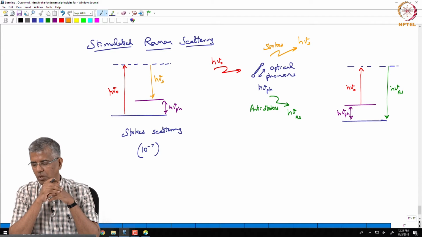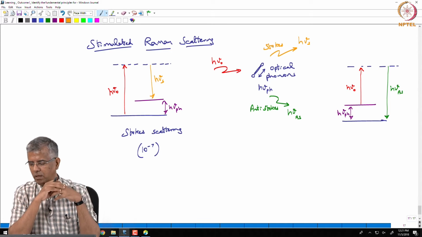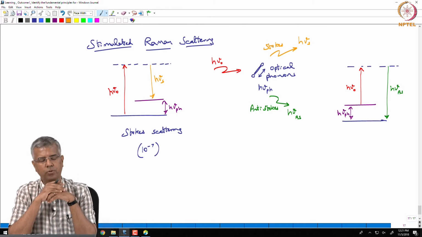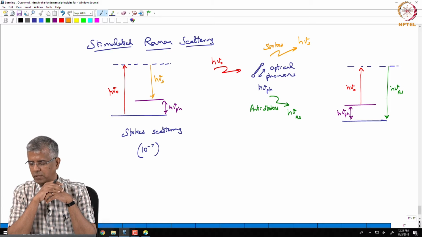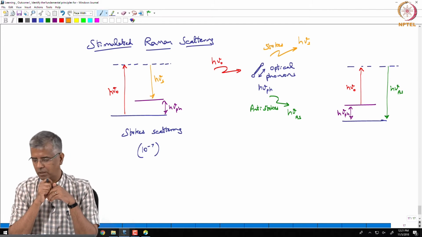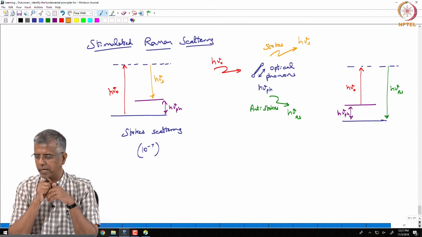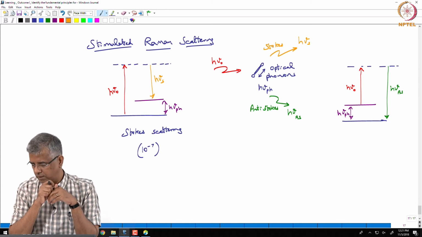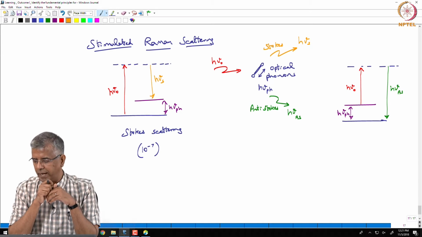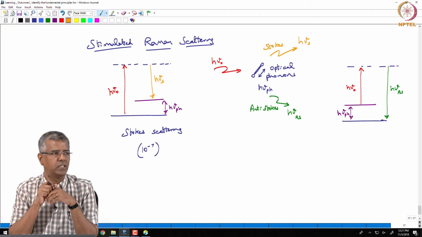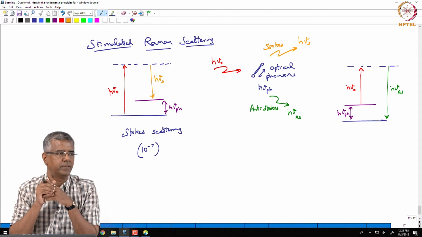If you have a hot body, some material with higher temperature, and you come around with a photon with energy h nu naught, it can take that phonon energy and scatter off with higher energy, which is what we are calling the anti-Stokes. So, by looking at the anti-Stokes radiation, you can tell what is the temperature of that particular material.